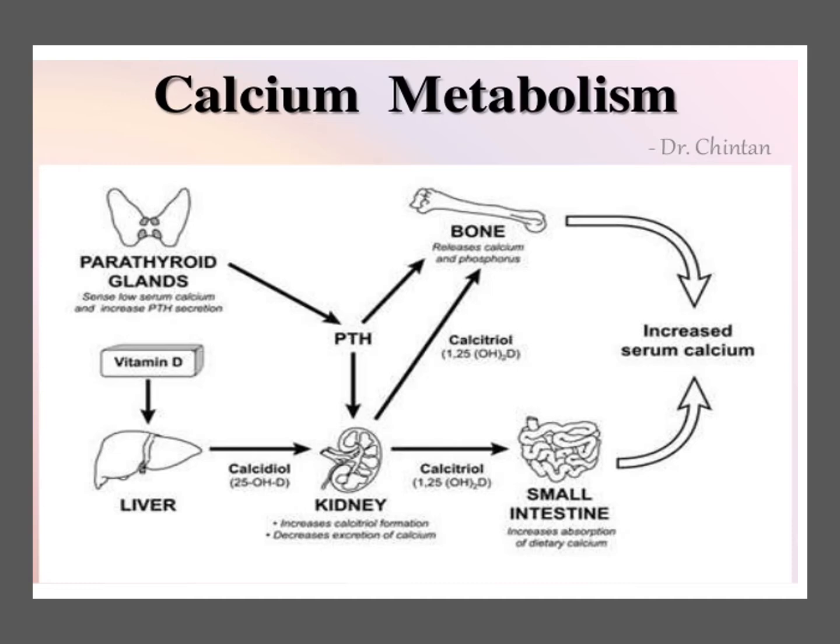Okay, so all of these effects, the action is to increase serum calcium, right? That's what PTH does, and that's what vitamin D does. And remember, the active form of vitamin D is calcitriol, which is made in the kidney.